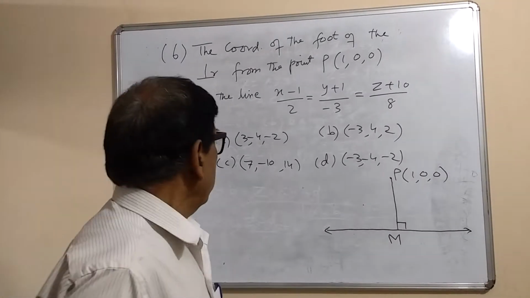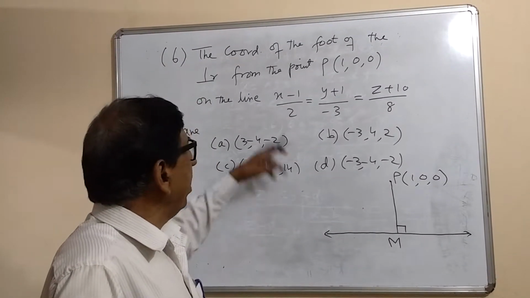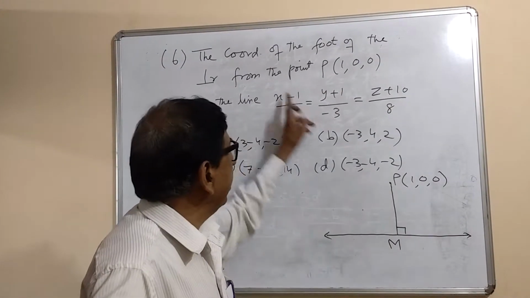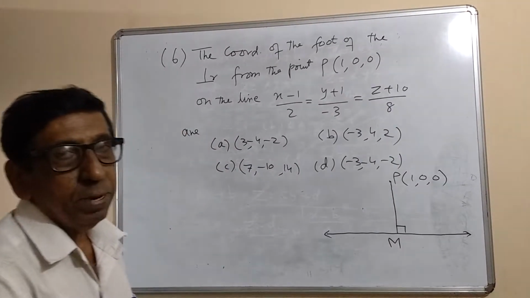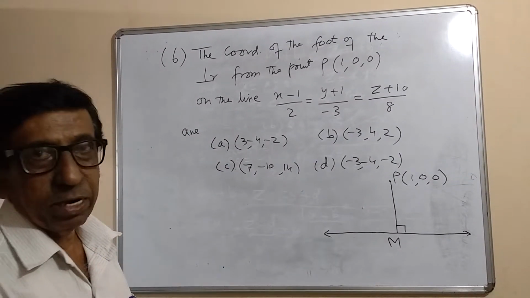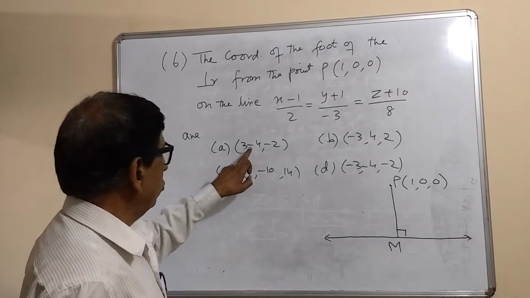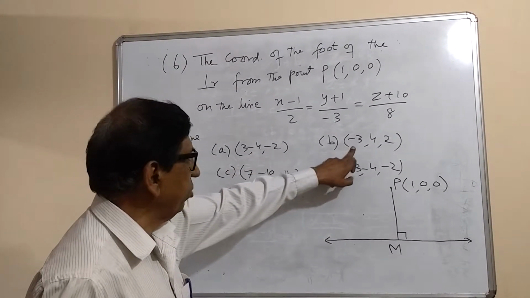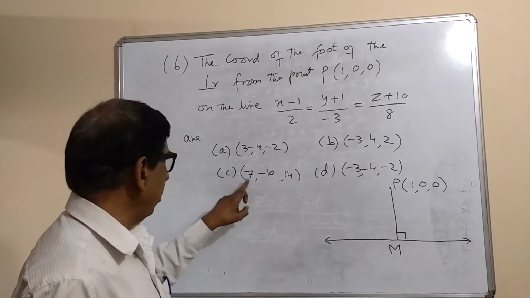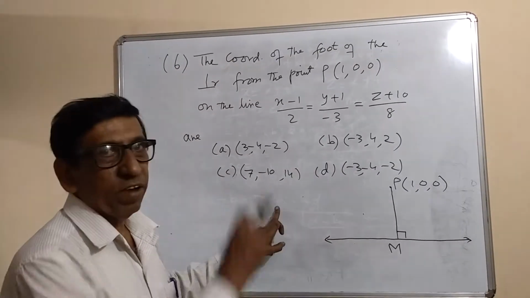Clearly, the point which satisfies the equation of the line can be the foot of the perpendicular. But here, these 2 points, (3, minus 4, minus 3) and (7, minus 10, 14), both satisfy the equation.